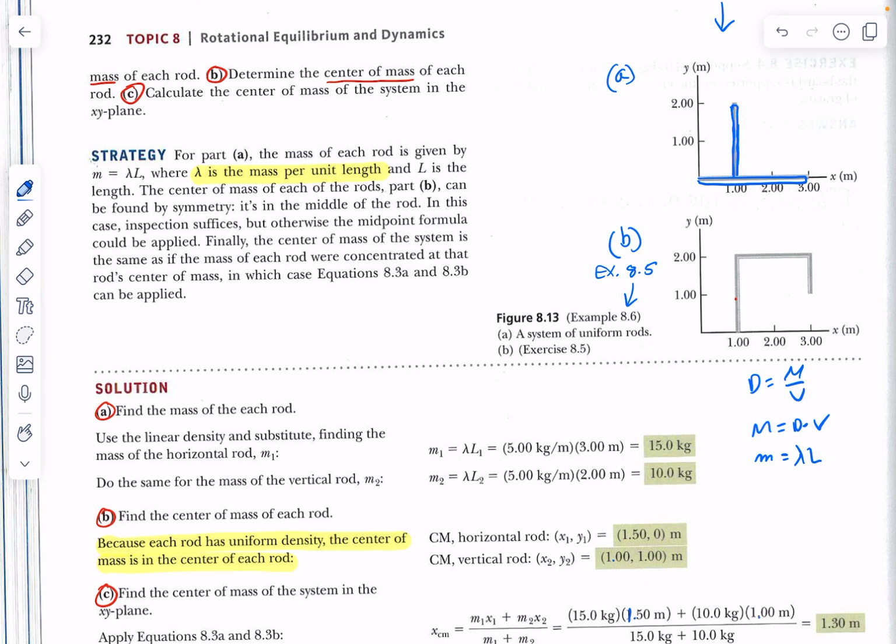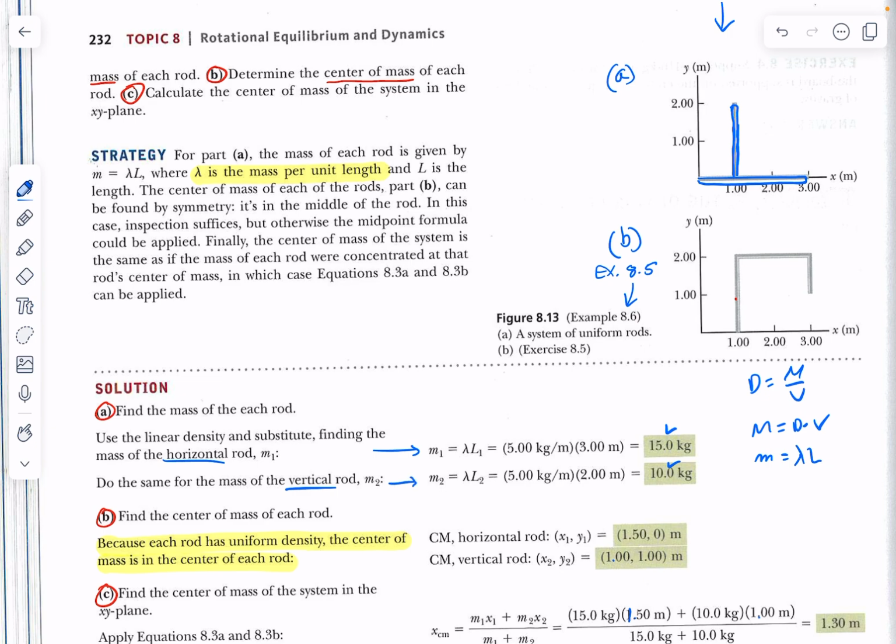So you can see that the mass of the 3-meter rod, that is horizontal, is right here, and the one that's vertical is right here.